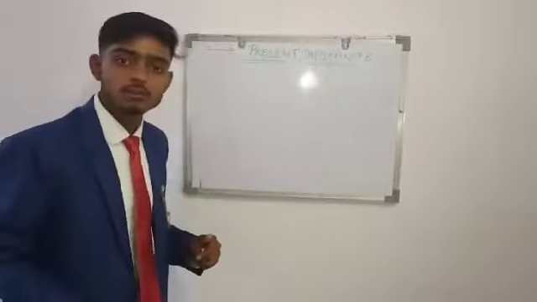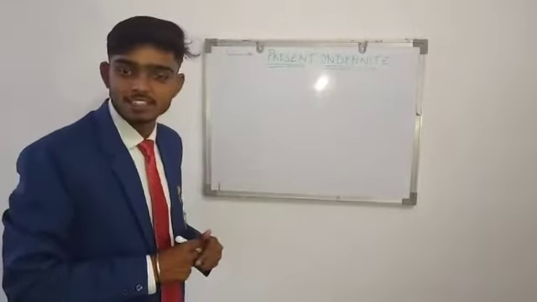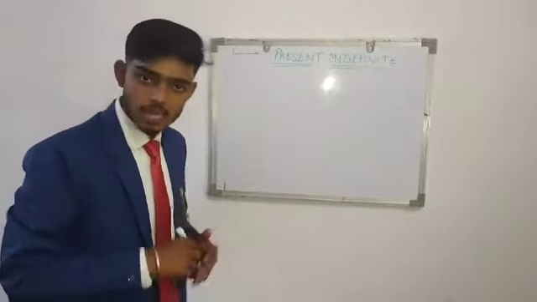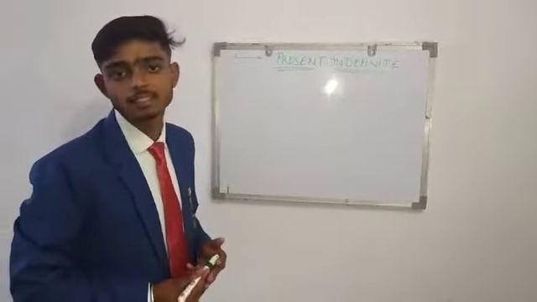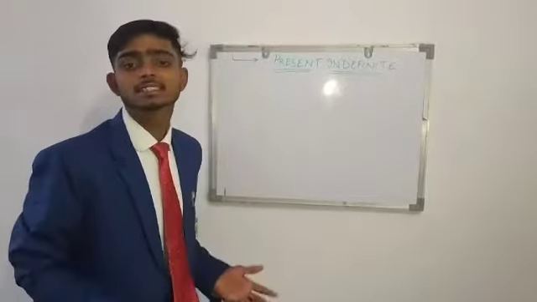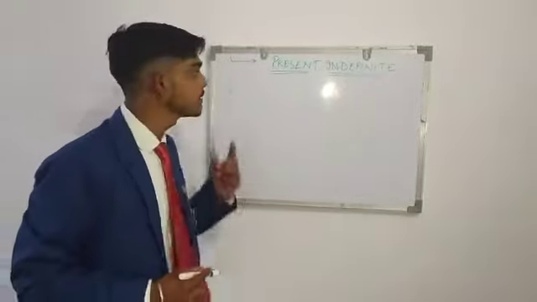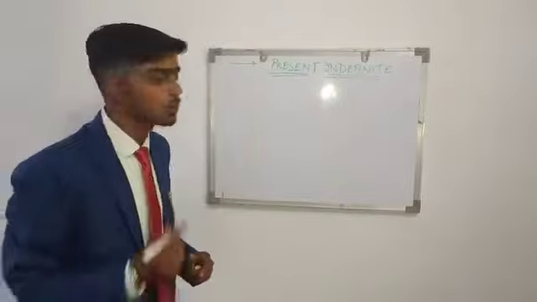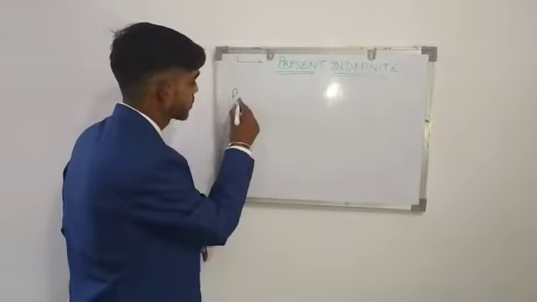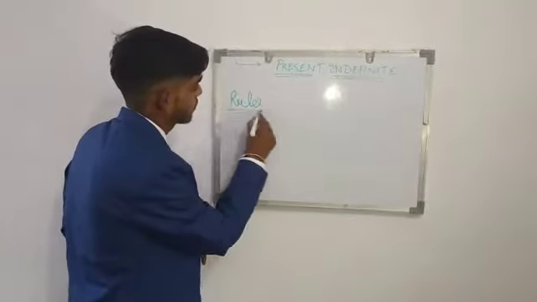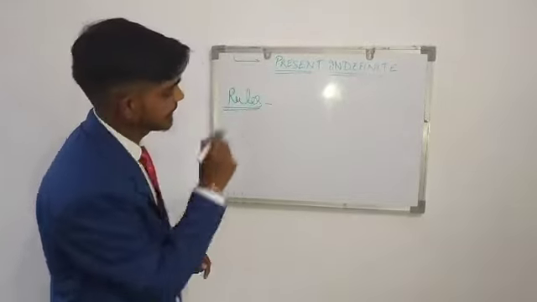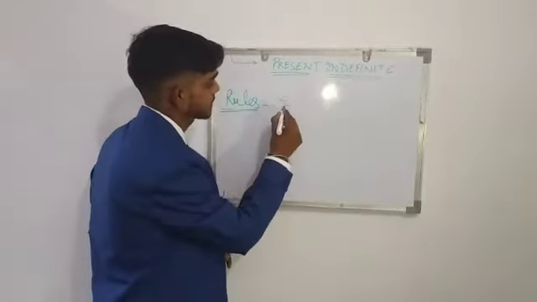So now we come to know the rules of present indefinite tense. With the help of present indefinite rules, we will describe any situation which is going on in a present time. So the rule of present indefinite tense is subject.